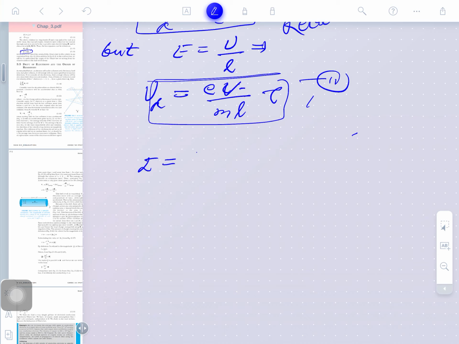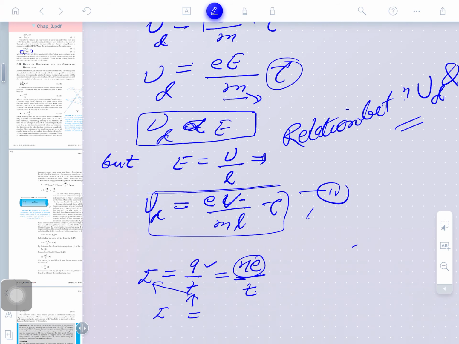So current is equal to Q by time, and charge is what? Electron charge e, n number of electrons passing in a given time. Is that clear? And every second what is the current? Current passed every second. The tau is there. Further what can it be? n electrons passing through it. So what next? I is equal to Q. So total charge is what here?